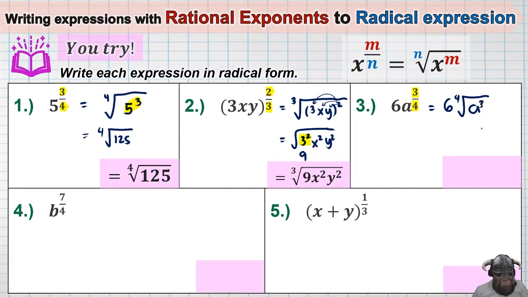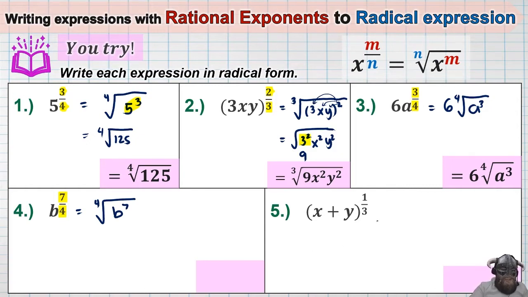So that will be our final answer. 6 times the fourth root of a cube. Next, let's have number 4. We have here the given b raised to 7 over 4. Let's have the radical sign, copy b as our base, and then 4, the denominator will be the index, and then the numerator will be the exponent of b. So our final answer here is the fourth root of b raised to 7.